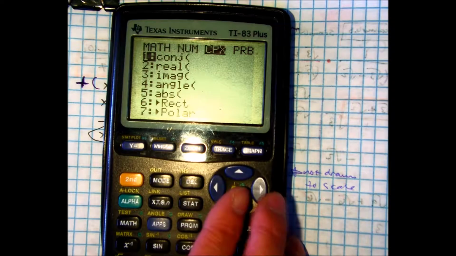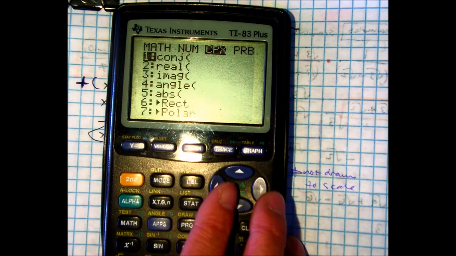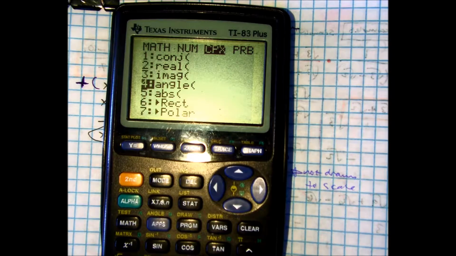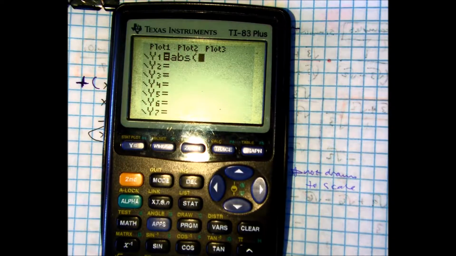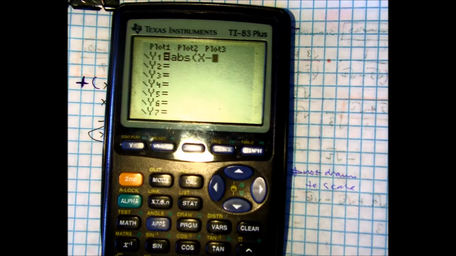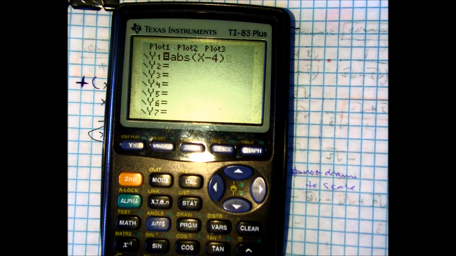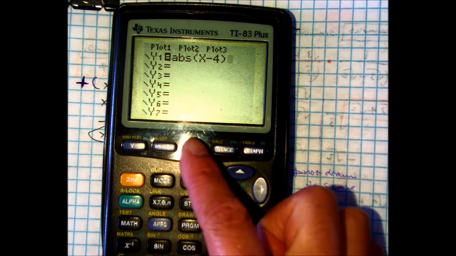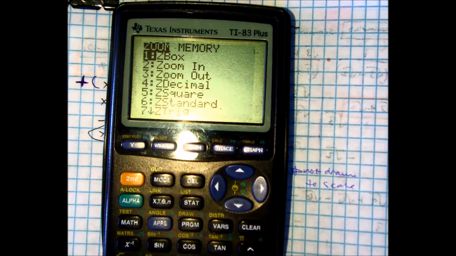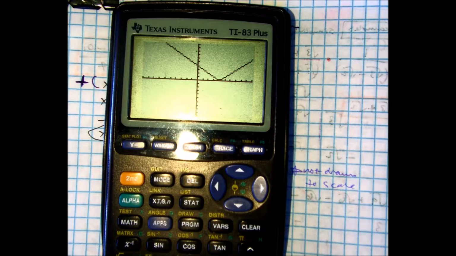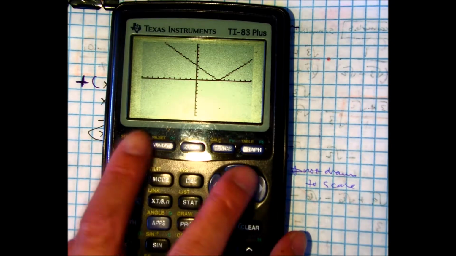Everyone say complex. So we're going to go to number 5. And there I have the absolute value. Then we're going to write in the argument, x minus 4, close parentheses. And now I'm going to go to zoom and press 6 for standard. And I have this graph. Let me go back to my y equals.